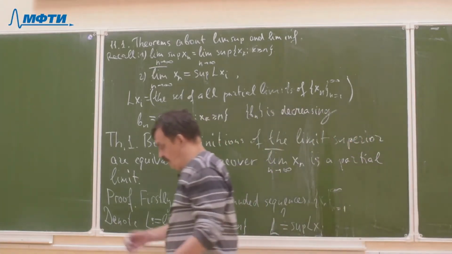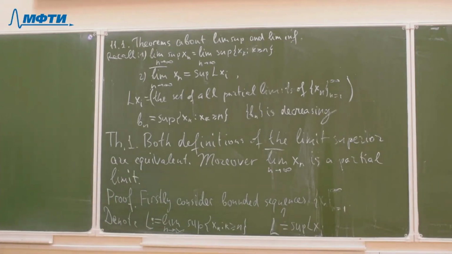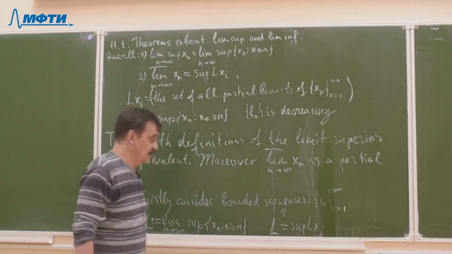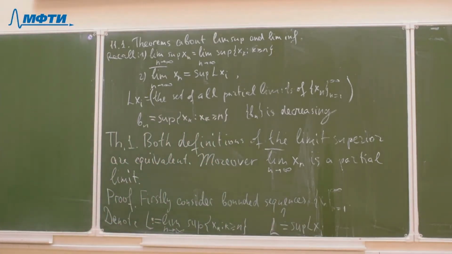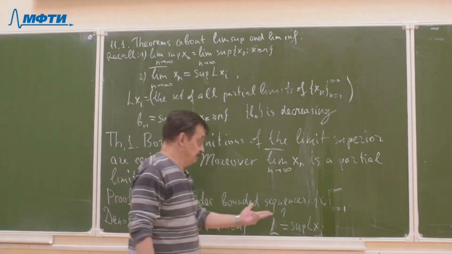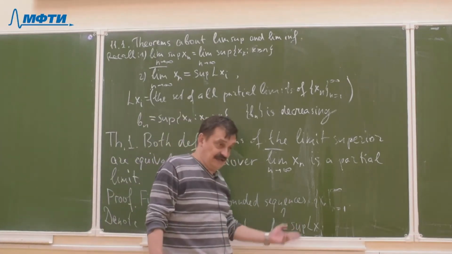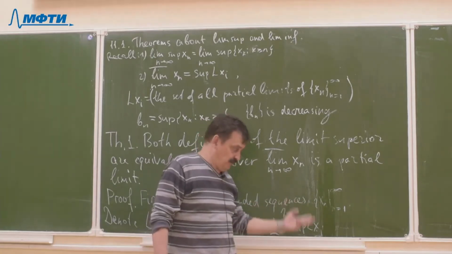So if we want to prove that something is the least upper bound of a certain set, then we have to prove two assertions. The first assertion says that L is an upper bound.